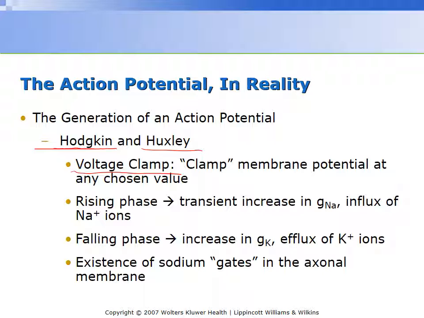They actually received the Nobel Prize for their work in 1963. So the voltage clamp basically allows us to fix the potential of a membrane at any given magnitude. And that allows certain experiments to be conducted.